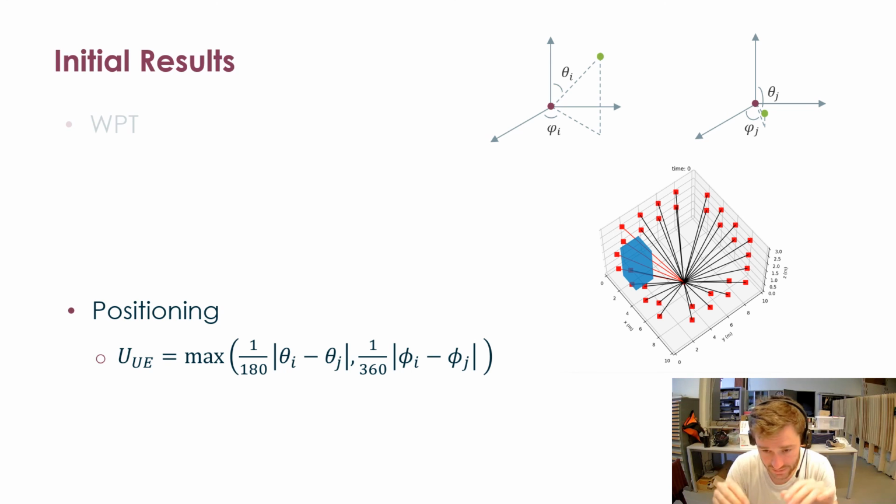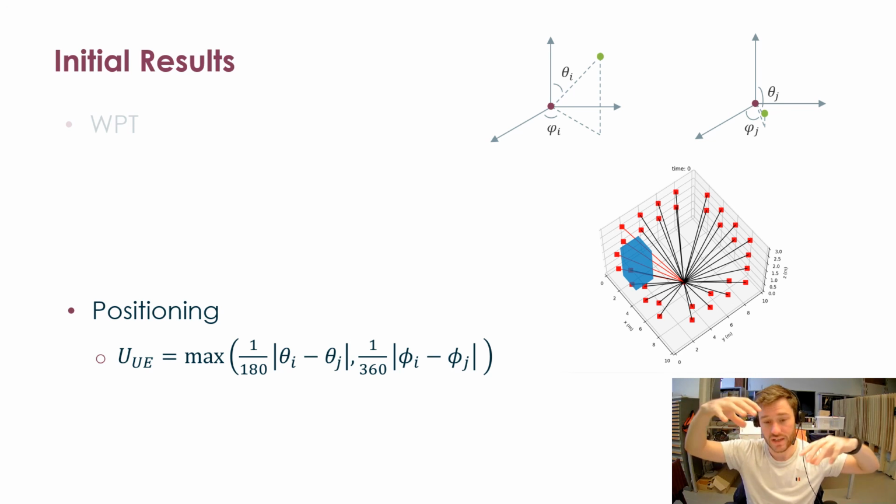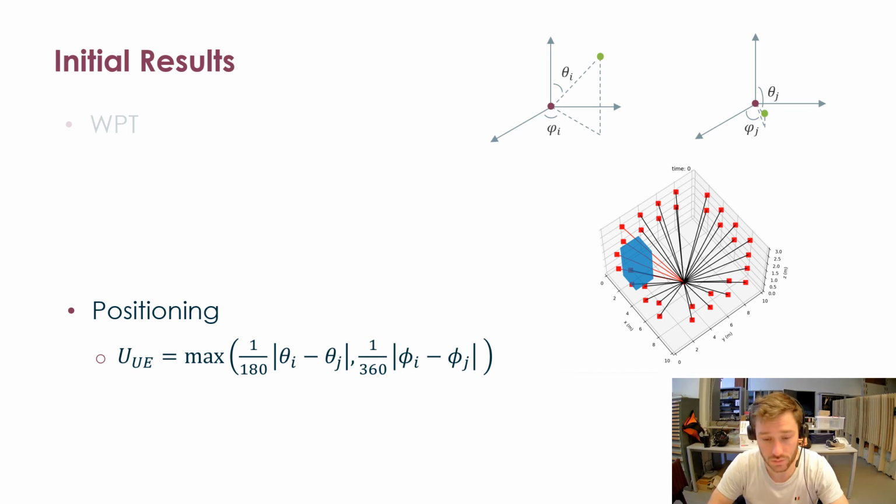At the top right, you can see the red color, which is the CSP, and the green is the served or target user equipment. What you want to do is maximize the difference between the thetas and the phi, so the azimuth and elevation, to ensure that we maximize the spatial coverage of these CSPs.